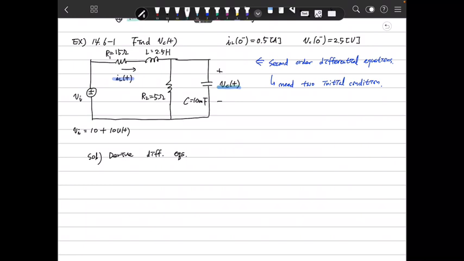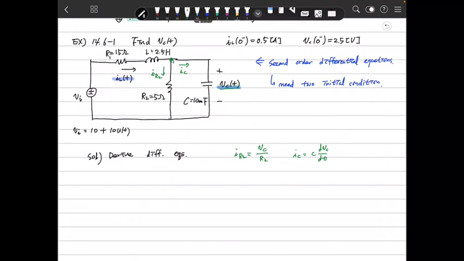At first we can describe iL. We need to get the current here, the same as this current and this current. This is iR2 and this is iC. So iR2 is vC divided by R2, because this voltage is vC, and iC is C dvC/dt.